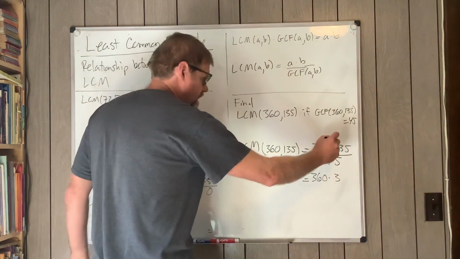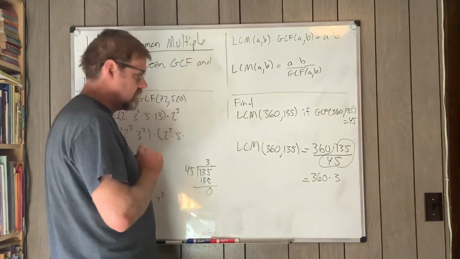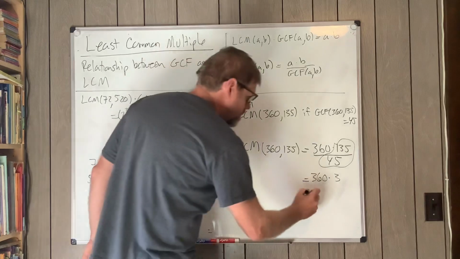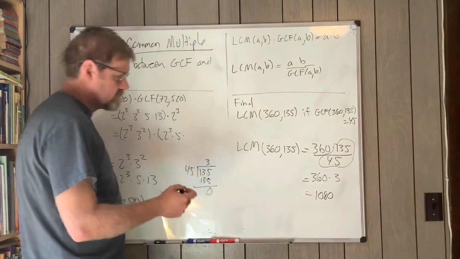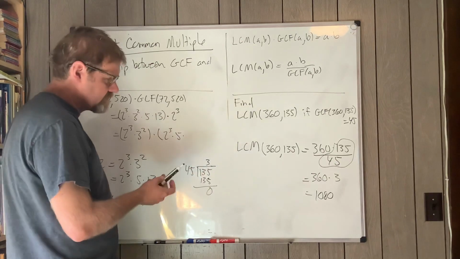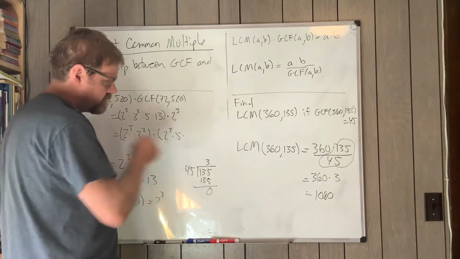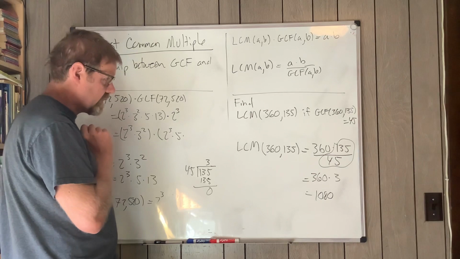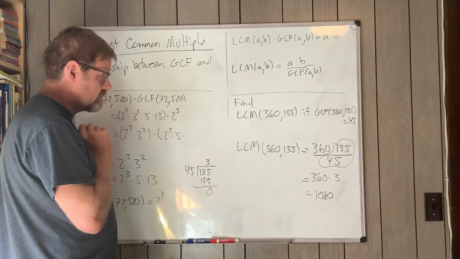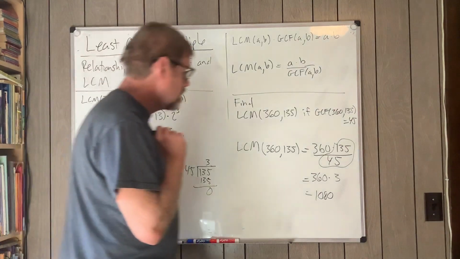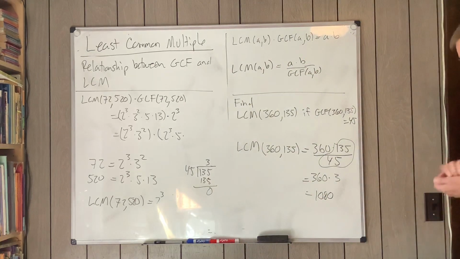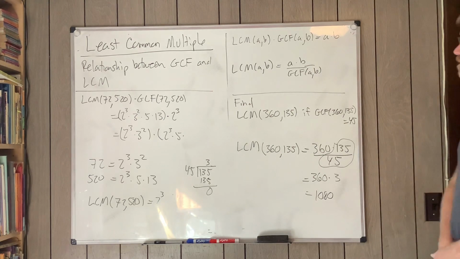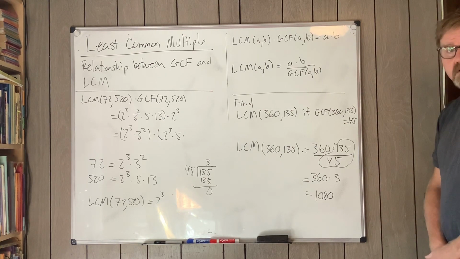So that means that this is 3. So I do 360 times 3, which may be a little tough in your head, but it's not too bad, or you can do a little column algorithm to figure that out. So what do we got? Okay. So that's the lowest common multiple of two numbers. All right, so that wraps up this video on least common multiple.